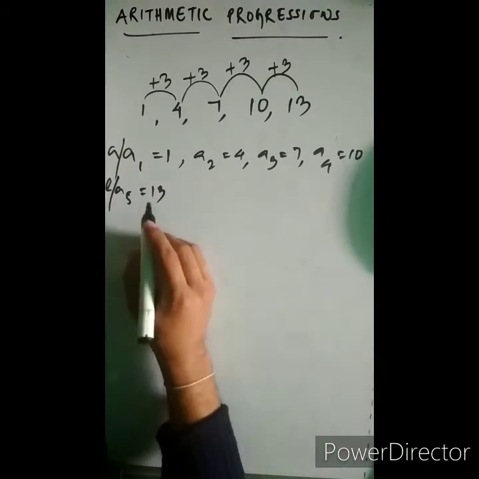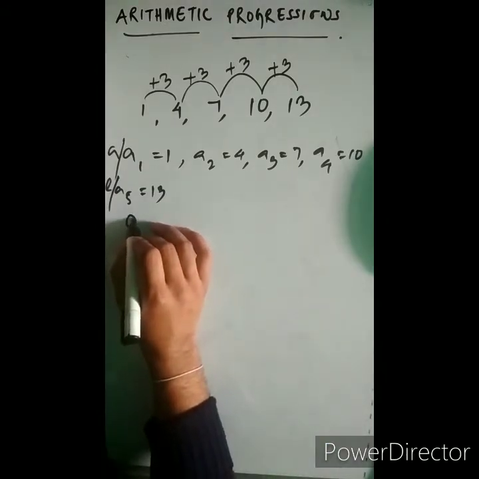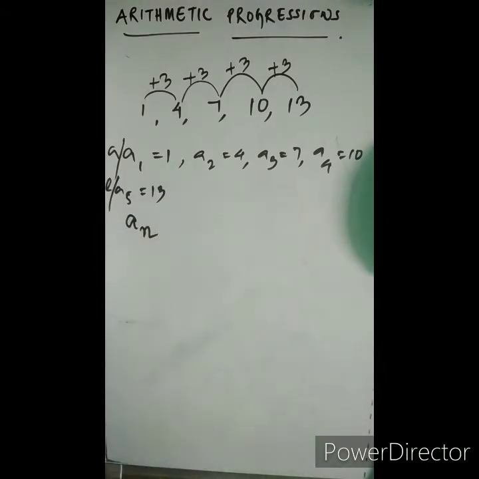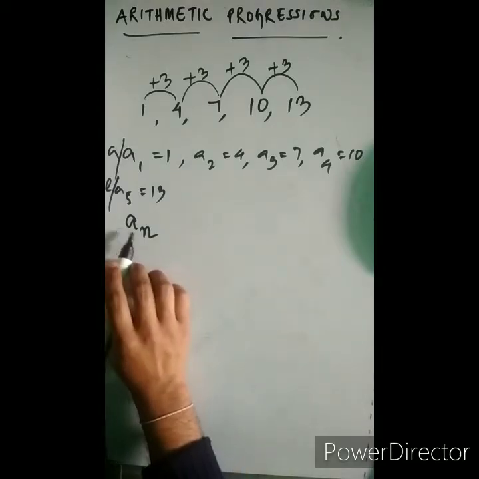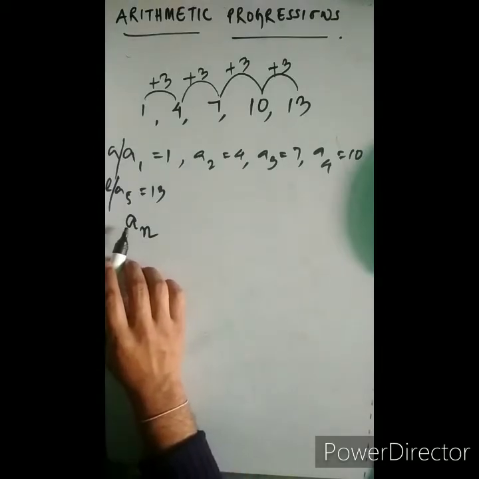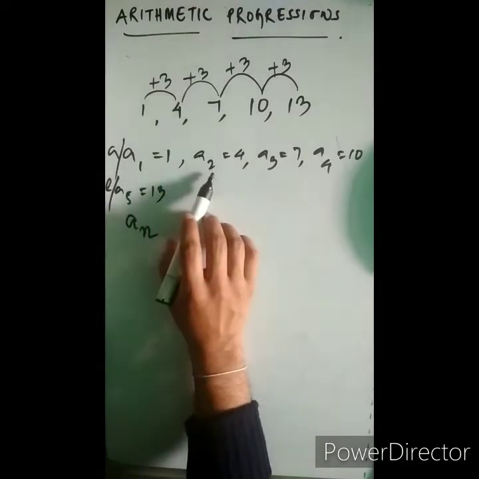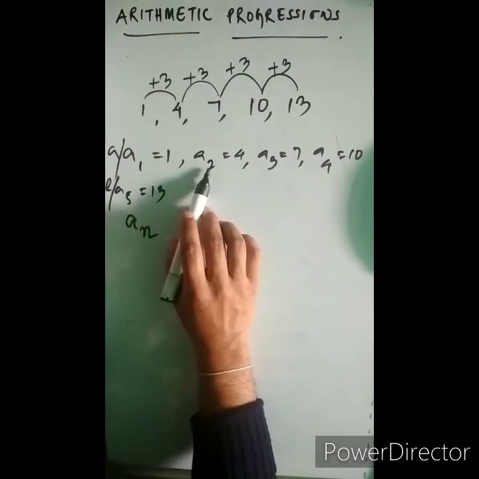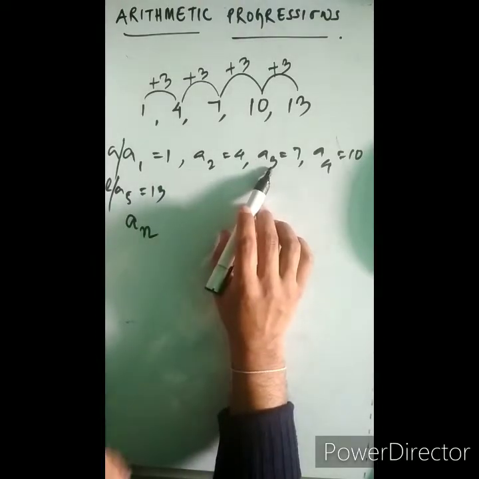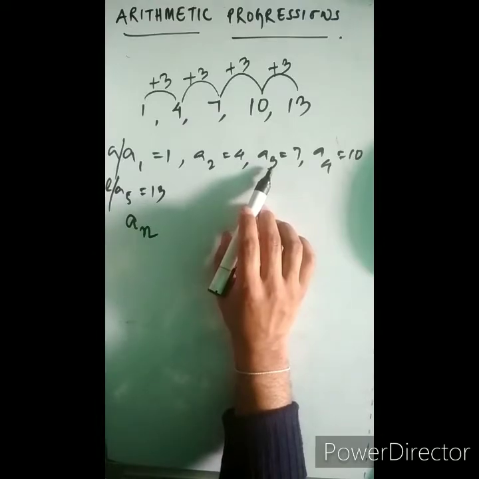So now we are going to learn something new. What is this an? When I talk about an, it is the term at the nth place. When I write a2, it is the term at the second place. When I say a3, this is the term occupying the third place.